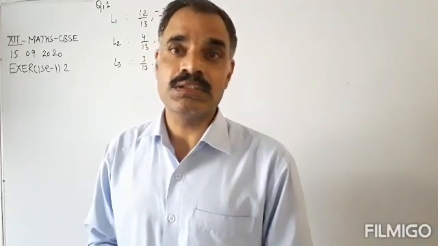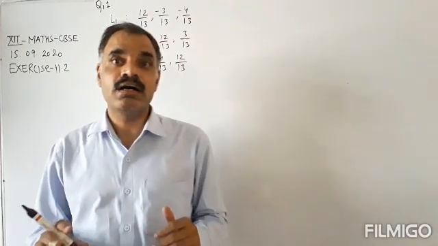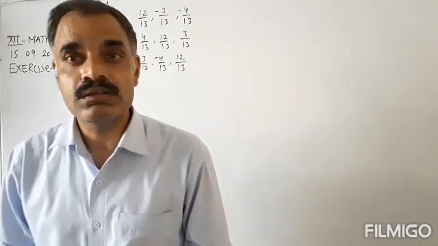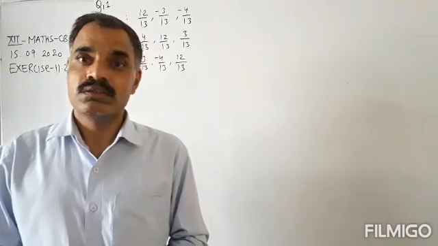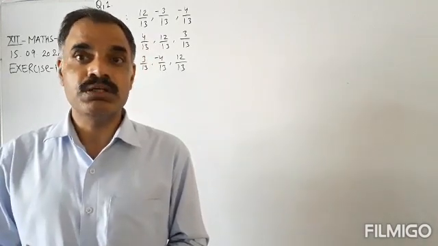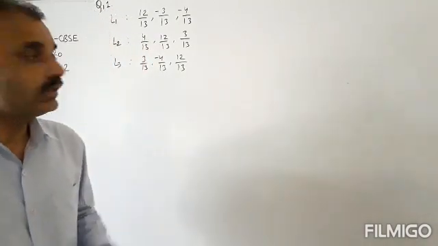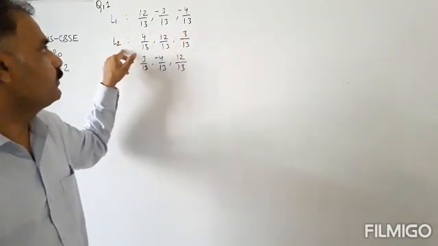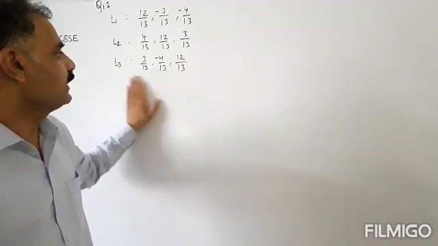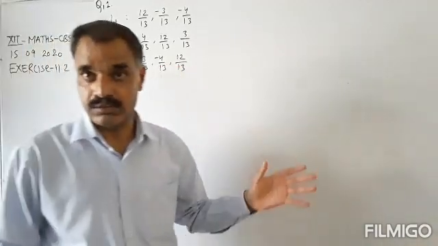So this is the first question. We have been given the direction cosines of three lines, and we have to show that these three lines are mutually perpendicular. Line L1 has its direction cosines, L2 has its, and L3 has its.